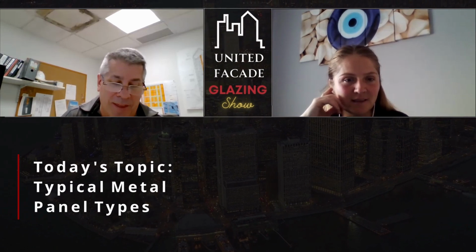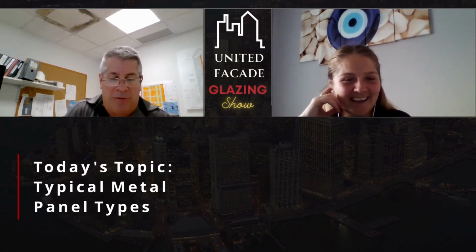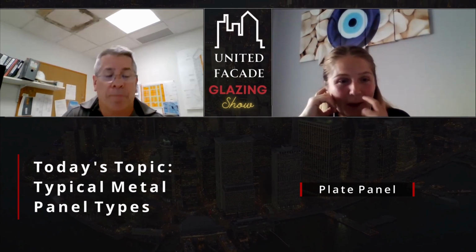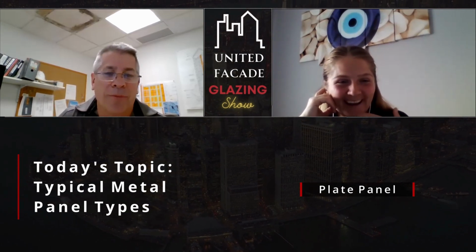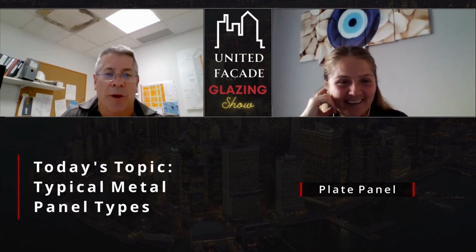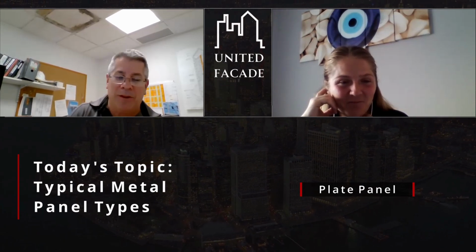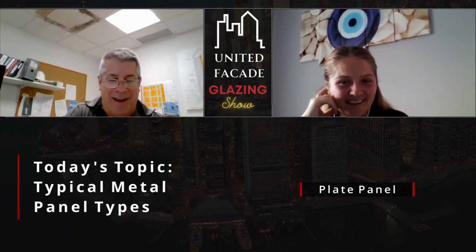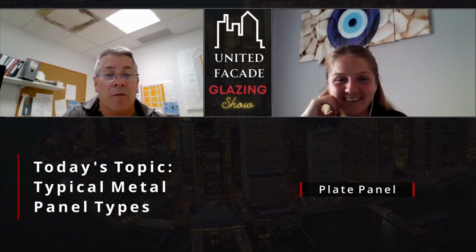This is different than the next panel we'll talk about, which is going to be an aluminum sheet panel or a plate panel. We all know that aluminum is going to have some weight to it. Now, one important thing I forgot about the ACM panels is that they're very rigid.